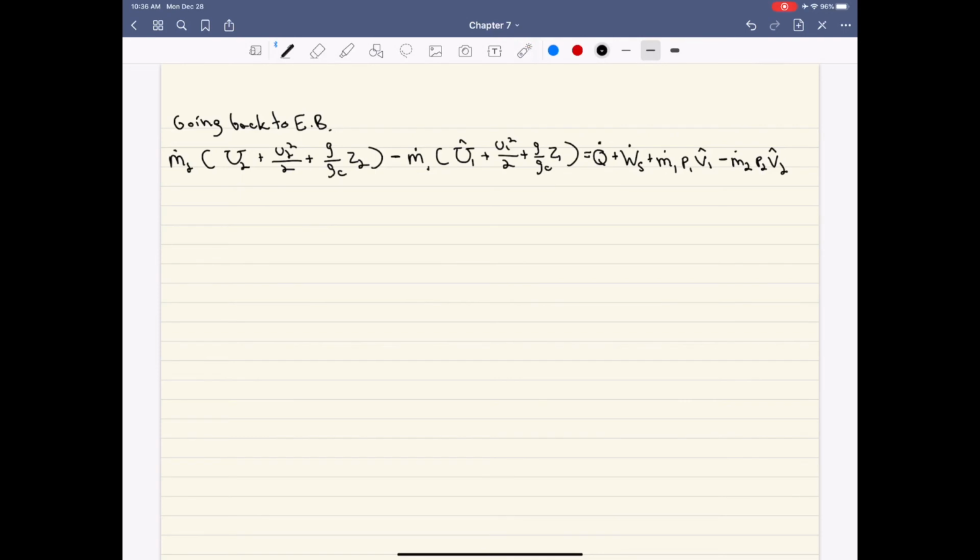In any case, we're now going to move all the flow work stuff to the left hand side.